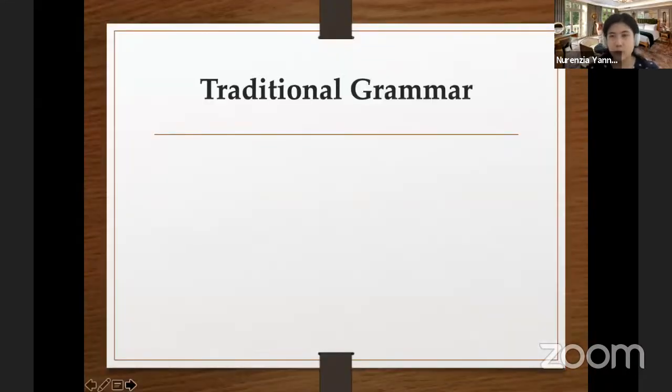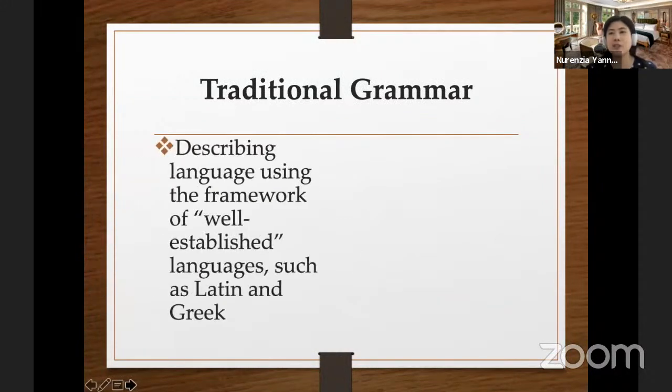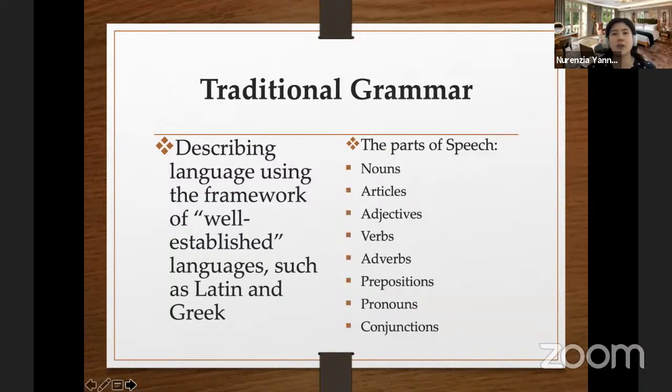There is a notion which is called traditional grammar. In traditional grammar, people describe language using the framework of well-established languages such as Latin and Greek. So the description of languages will use these labels: nouns, articles, adjectives, verbs, adverbs, prepositions, pronouns, and conjunctions.